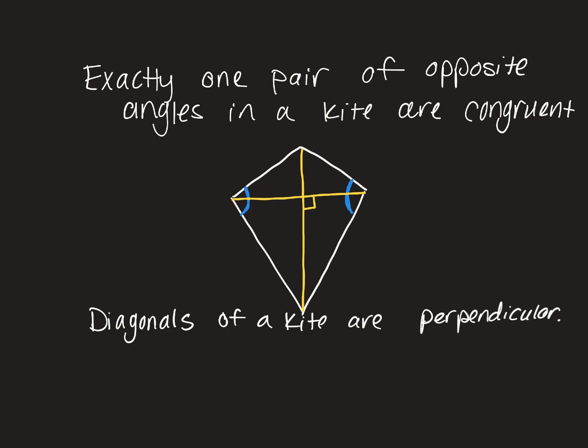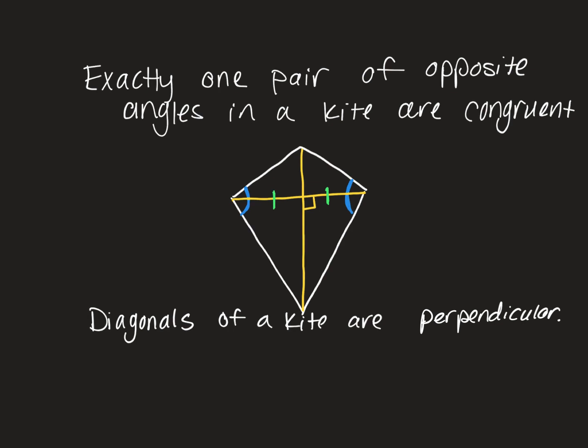Right, and then that is going to split the shorter line into two equal parts. So the line that's going through the congruent angles is always going to be split into two congruent parts by the other diagonal. There's not really a good way to write that one down.